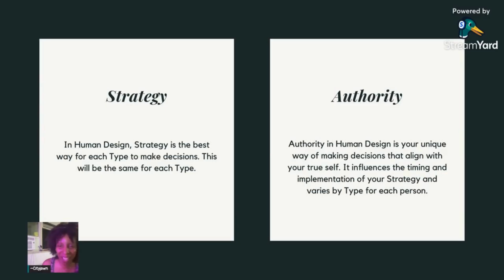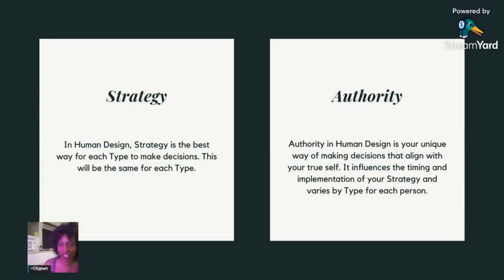But we can practice it and get it back. That's the beauty of what human design invites us to do. You also, after learning about your type and your strategy, will learn about your authority. Authority is the timing within which you would make those decisions. So you feel it in your body with your strategy, and then your authority tells you when.